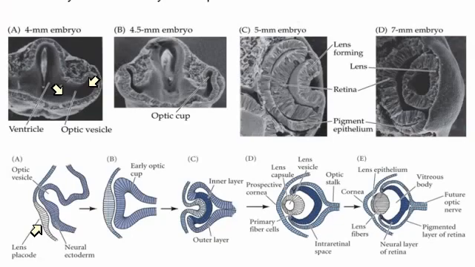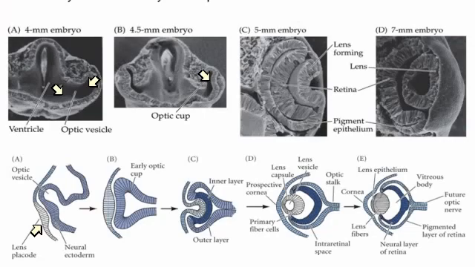As development begins to proceed, as we work to panel B, we see that the optic vesicle begins to invaginate a little bit to form a cup. That's shown schematically down in panels B and C in the cartoon.